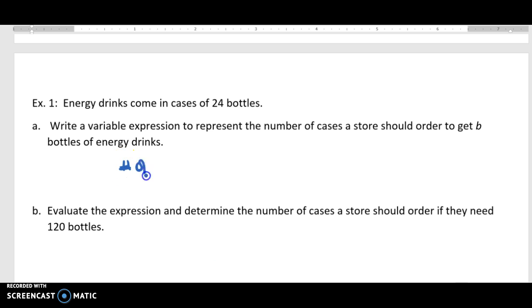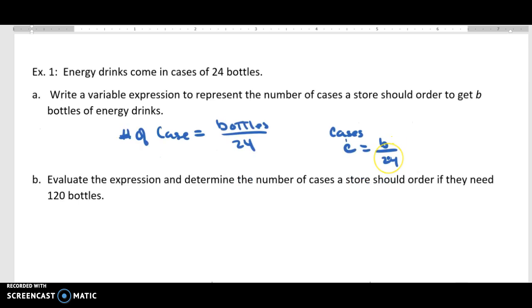Well, the number of cases is going to equal the number of bottles B, right? What would you do to the number of bottles? Well, how many come in a case? 24. So we would divide it by 24. So the algebraic expression, I would say, is C, which represents cases, equals the number of bottles B divided by 24.